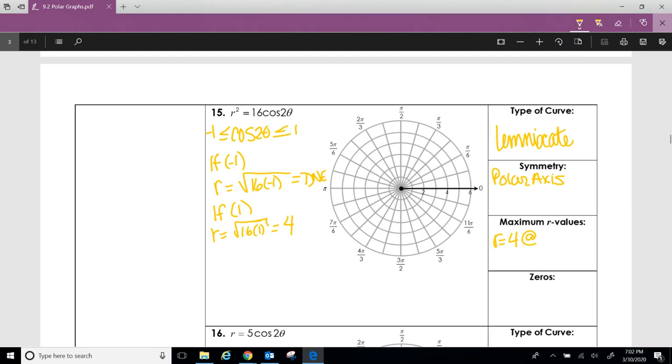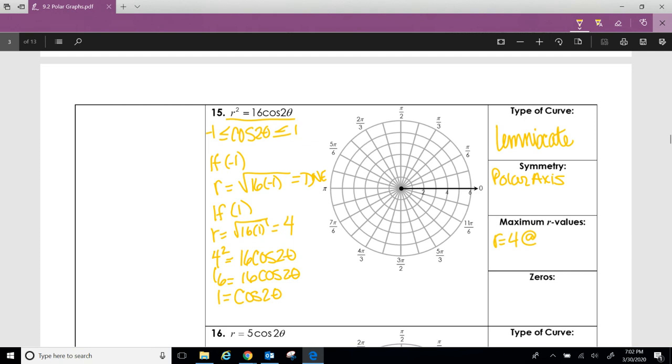When does that occur? Let's plug 4 into this equation and see what makes it true. So 4 squared is equal to 16 cosine 2 theta. 4 squared is 16, so 16 is equal to 16 cosine 2 theta. Dividing by 16 on both sides, I get 1 is equal to cosine 2 theta.